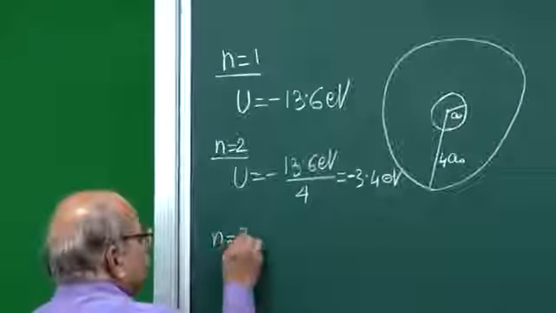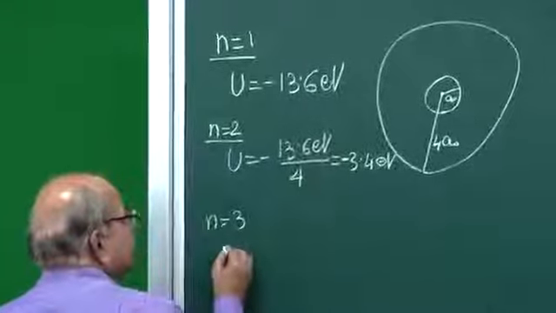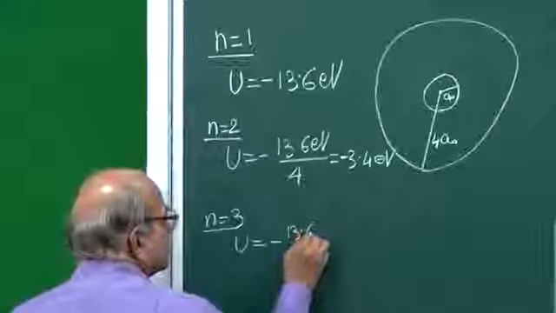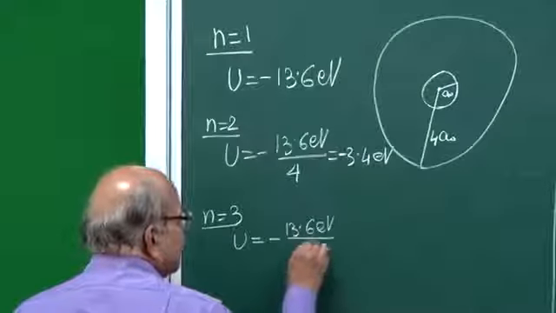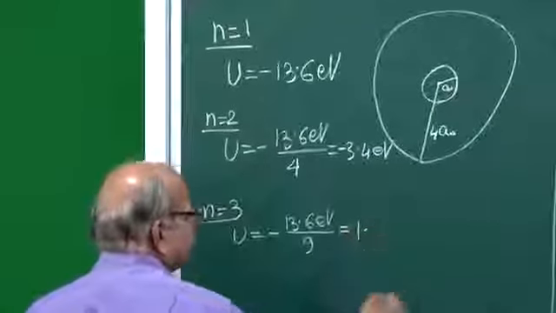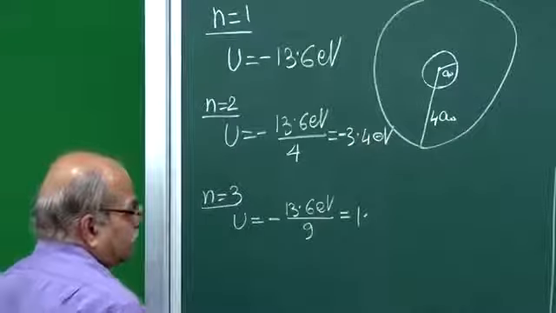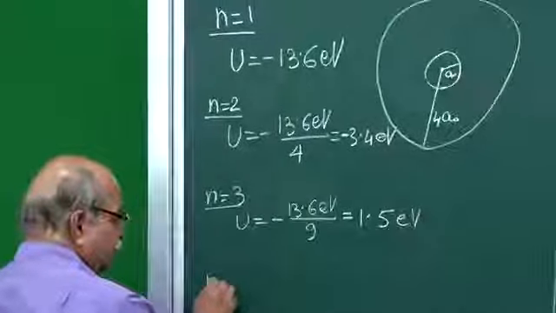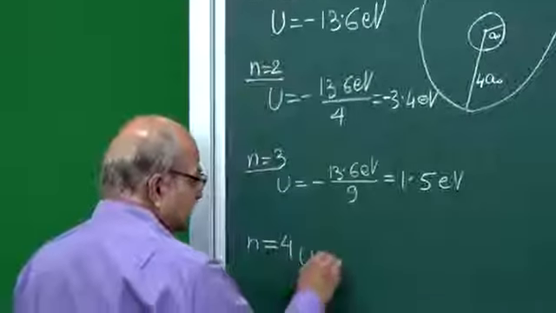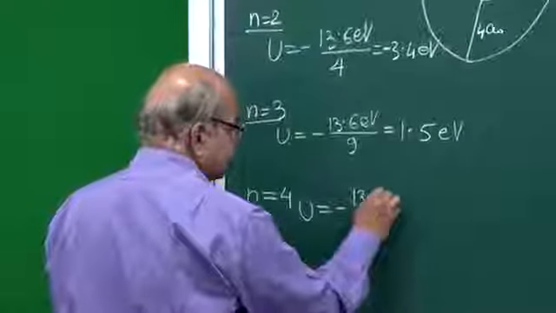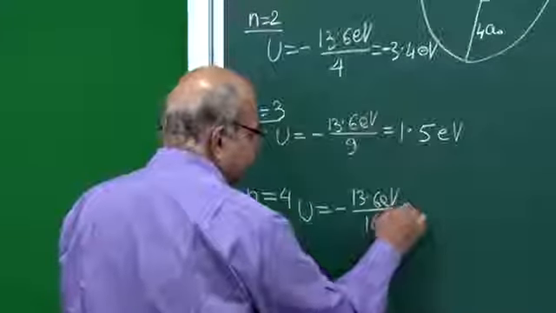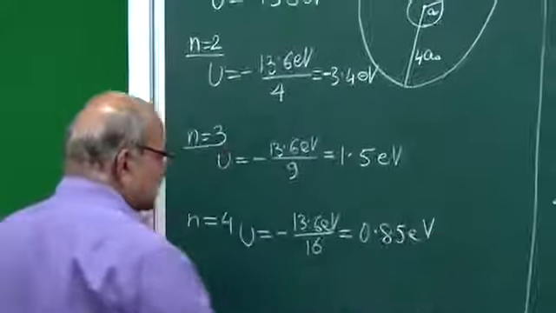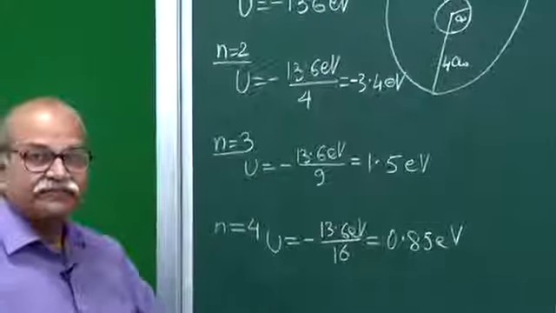Then n equal to 3, that bigger one with radius 9 A0, the energy will be minus 13.6 eV divided by 9, approximately minus 1.5 eV. For n equal to 4, U is minus 13.6 eV divided by 16, that is 0.85 eV, and so on. So this is how you can write all those energies.